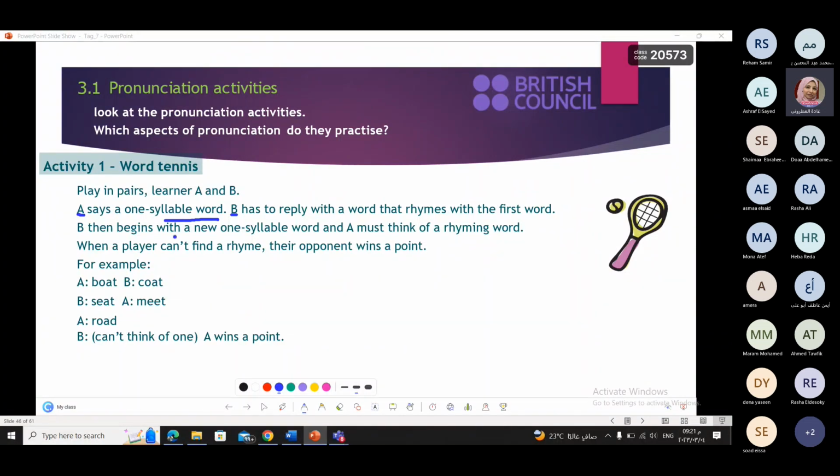Then B begins with a new one syllable word, and A must think of a rhyming word. When a player can't find a rhyme, their opponent wins a point.